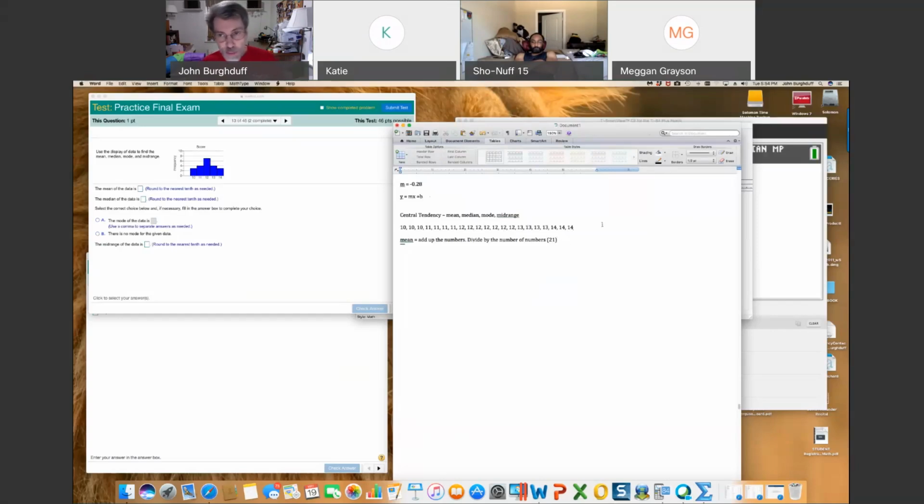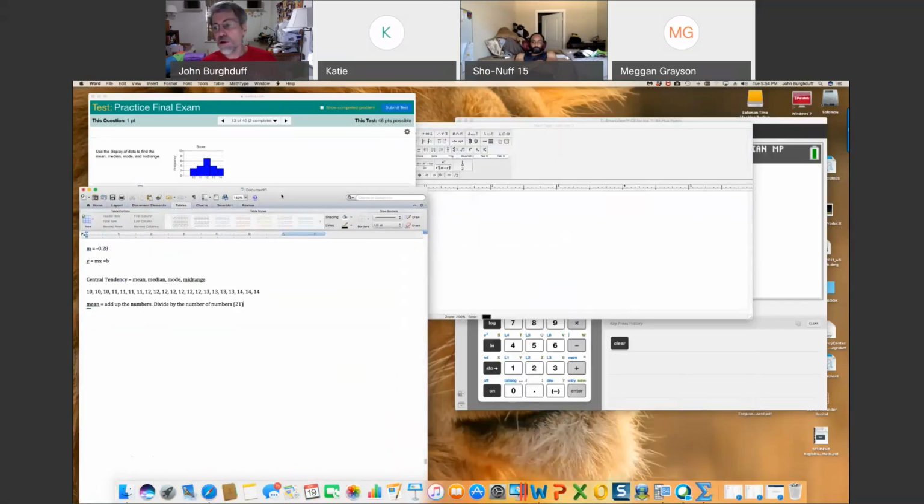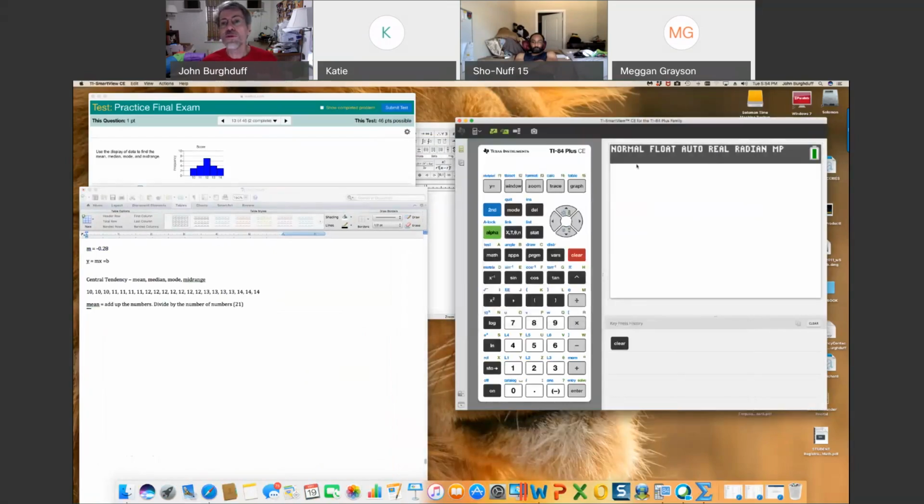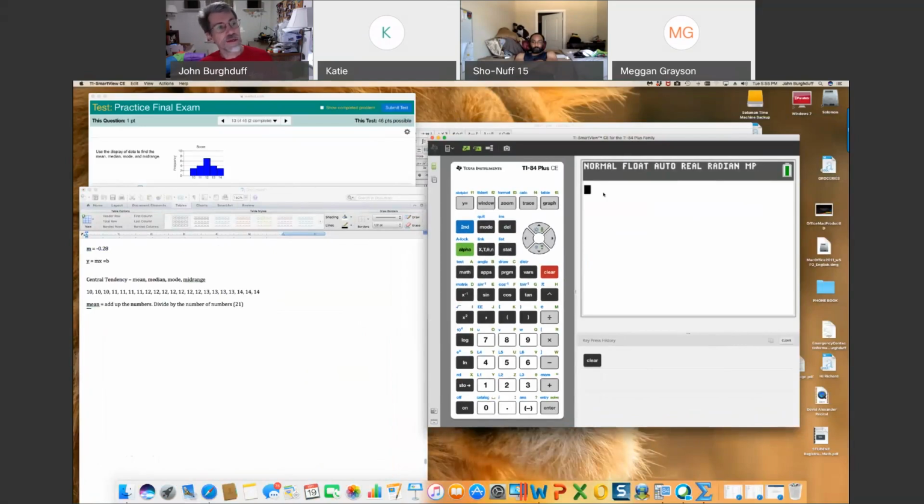Now, there's a fast way to do that on your calculator. Rather than going 10 plus 10 plus 10, you can build on the way that chart is presenting things and take advantage of that. The fact that the 10 bar goes up to 3 means you've really got 3 10s. So rather than going 10 plus 10 plus 10, you could say 3 times 10.